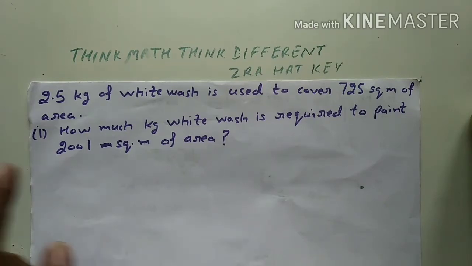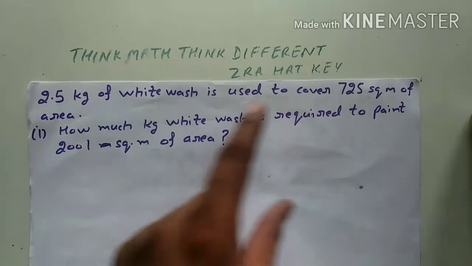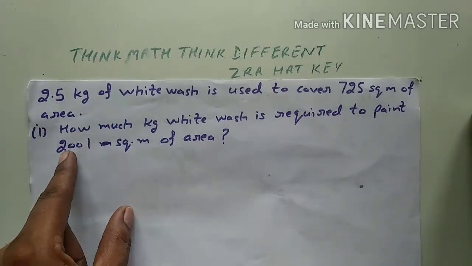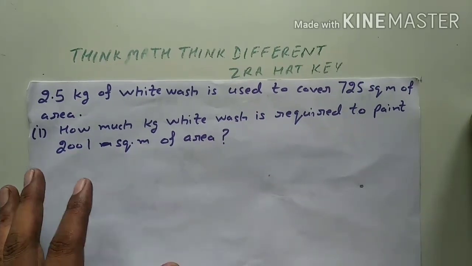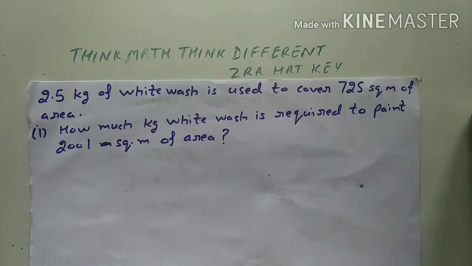Now you see, for 725 square meter area we require 2.5 kilogram whitewash, but for 2000 square meter area we will require more than 2.5 kilogram of whitewash. Okay student, now we will solve this question with the help of unitary method.